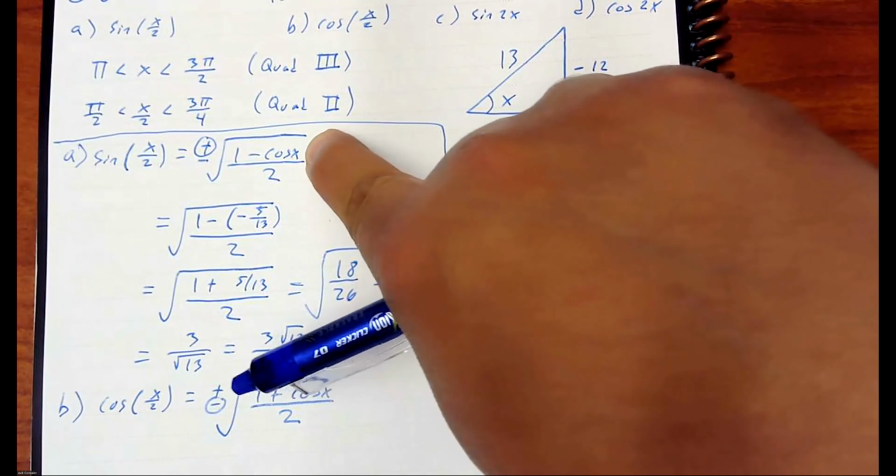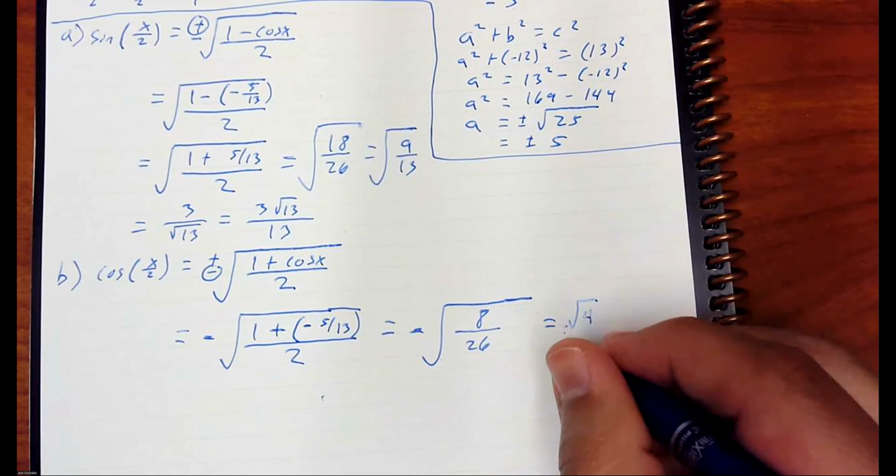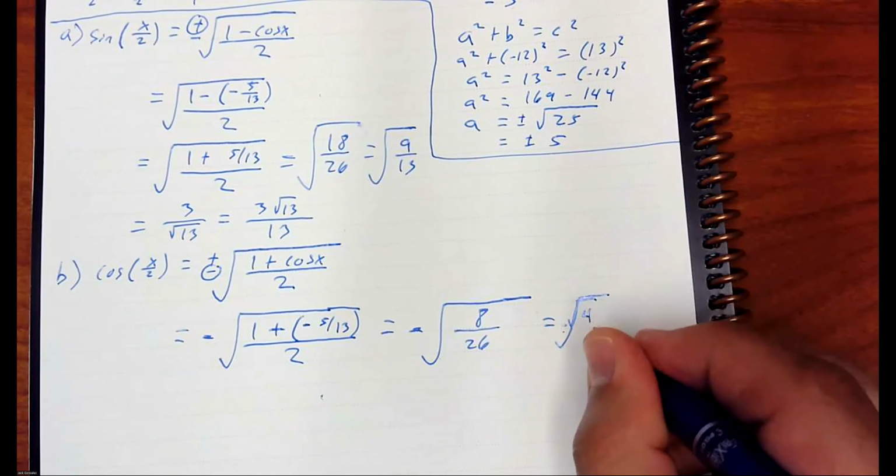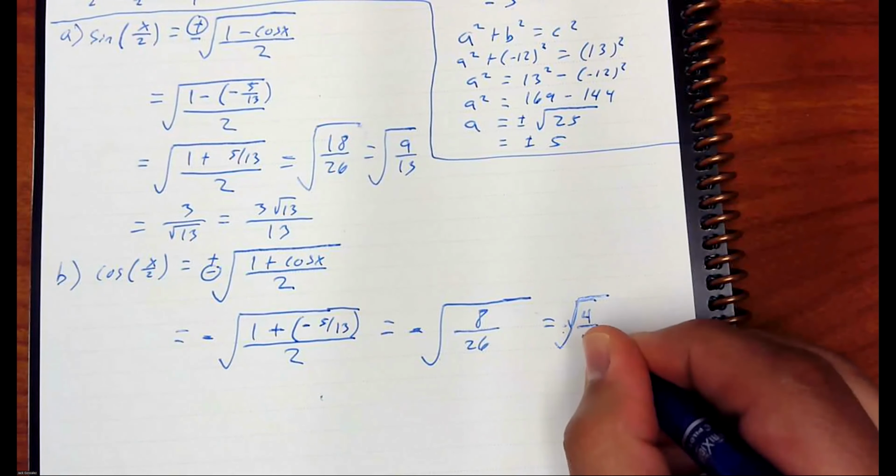Square root of 4 over 13, which would be 2 over square root of 13. That looks messy.